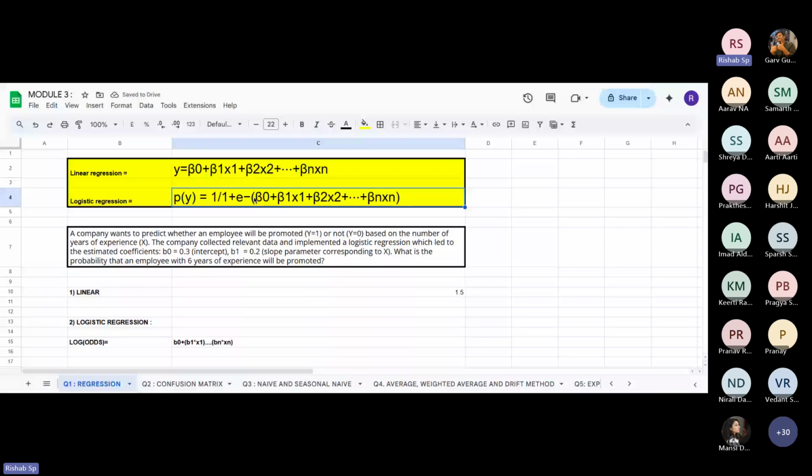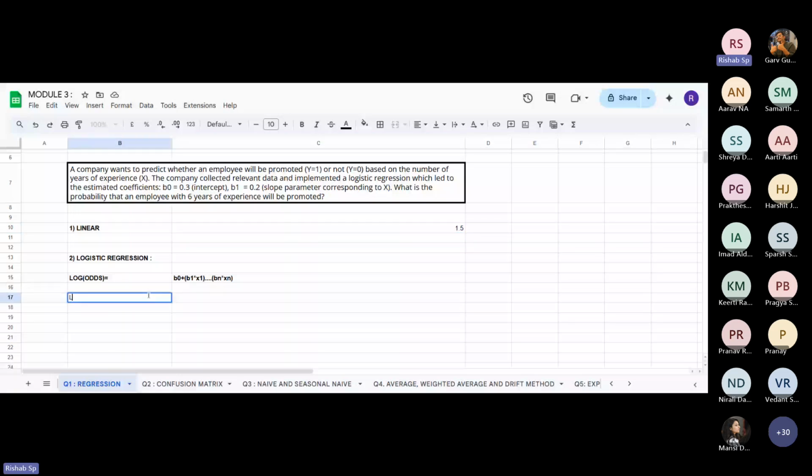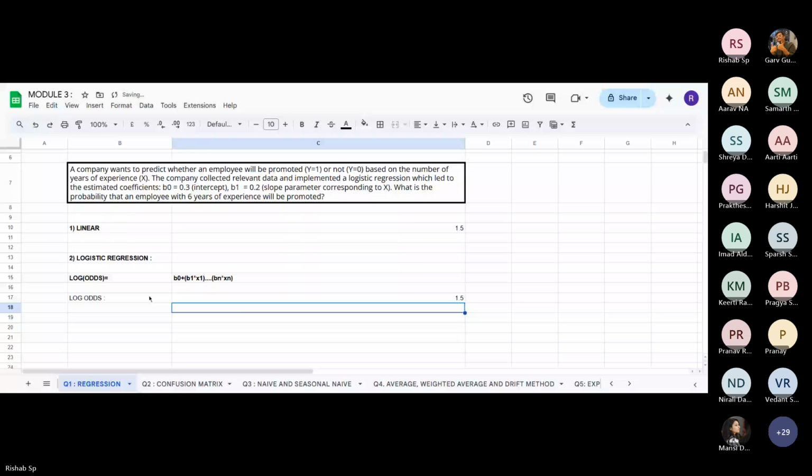Instead of this equation, they use e raised to minus log odds, which is the same equation. So we'll complete this first. We have this value. We know that the log odds is 1.5. Now we'll find the e raised to x value.